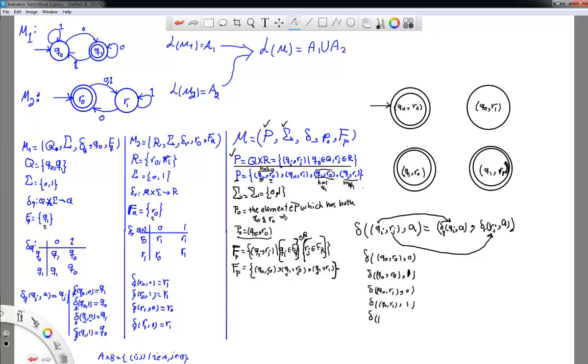The third element is Q1 R0, so Q sub 1 R sub 0 over symbol 0, delta of Q1 R0 over symbol 1, and finally the delta of Q1 R1, and this needs to go over symbol 0 and over symbol 1.